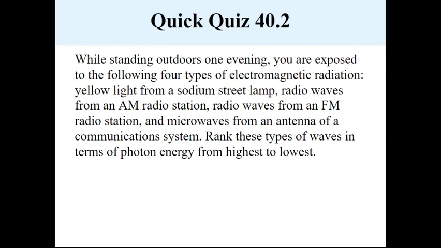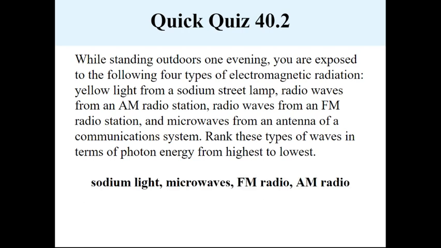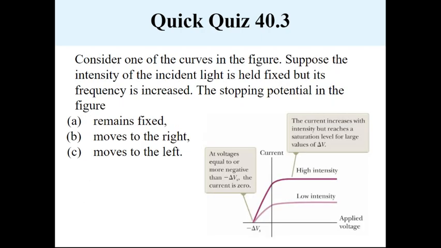So from all the radiation listed here, the highest frequency one would be yellow light, followed by probably microwaves, then FM radio waves, and AM radio waves, since AM has the longest wavelengths of them all, and also has the lowest frequency. So sodium light is the most energetic light.